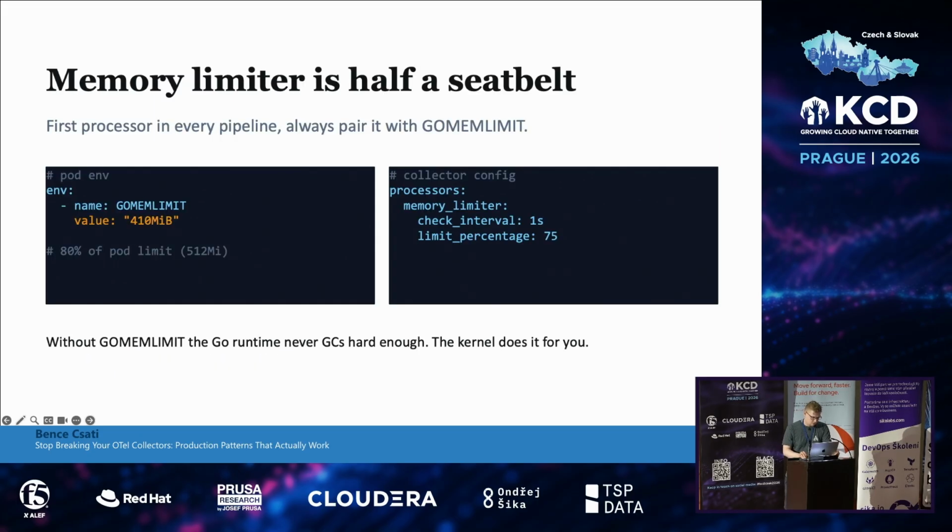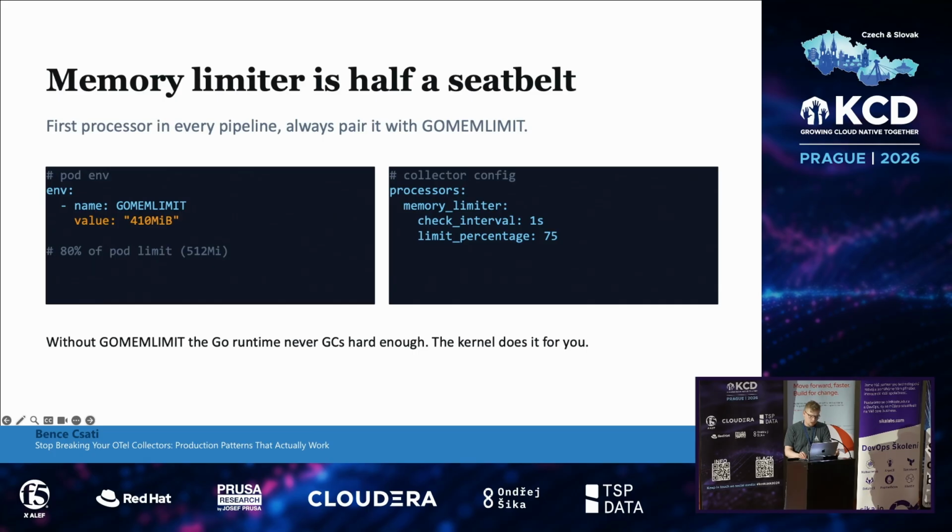So first of all, how do you fix the memory limiter problem I was talking about? It's really simple. You just give it an environment variable, set it to 80% of your pod's limit, and you're good to go. What do you win with it? Well, the memory limiter in itself is really simple. It periodically checks the memory usage of the collector, and if it's too high, it refuses data or forces a garbage collection to reduce memory consumption.